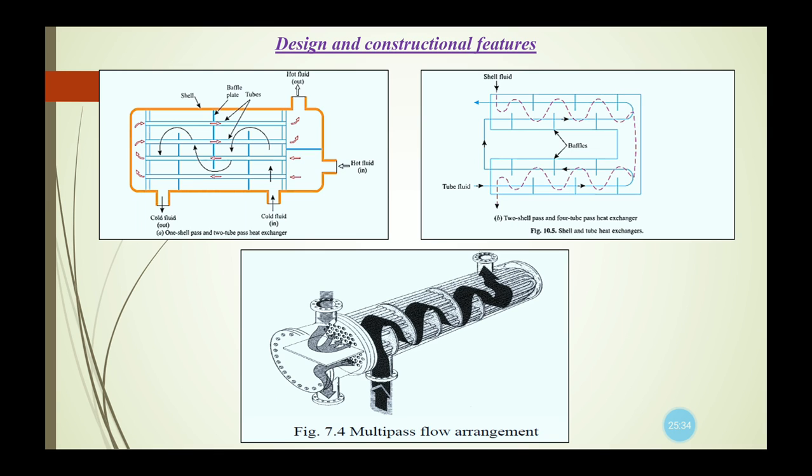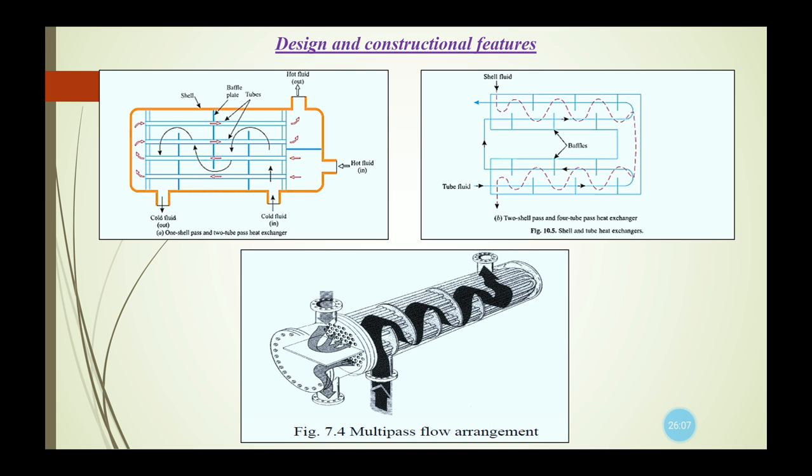So that's why it is more accepted to use this multipass flow arrangement in modern industries compared to the conventional parallel or counter flow design. So this is the basic concept and application for the use of this multipass flow arrangement.